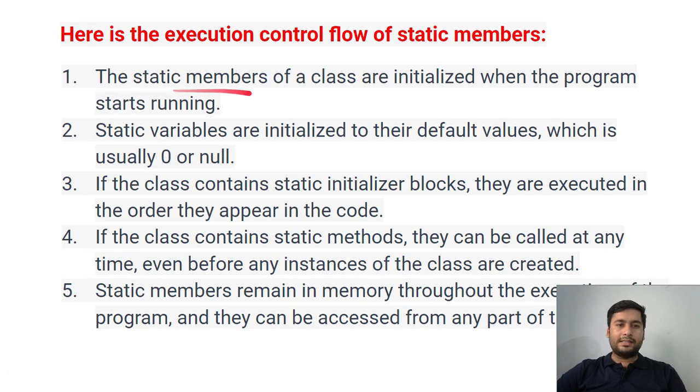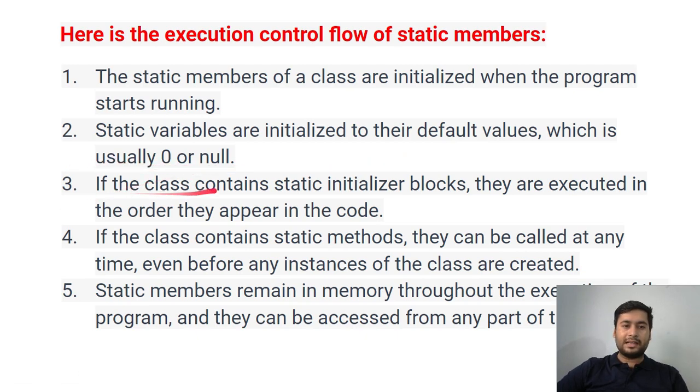The static members of the class are initialized when the program starts running. Whatever static members we have created in our classes are initialized when the class starts executing. Static members are initialized to their default value, which is usually 0 or null.